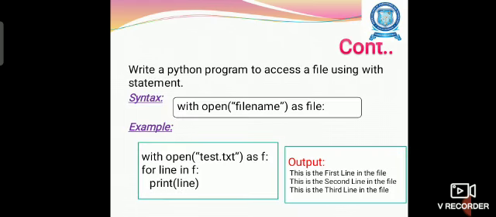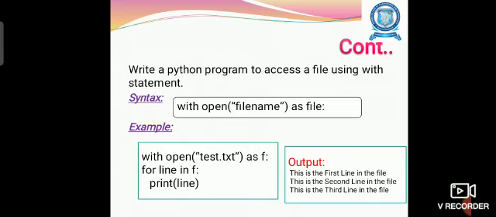And one more method is there to access the file, and that is the with statement. The with statement is used to open the file. The syntax is with open of... The open should have one argument.